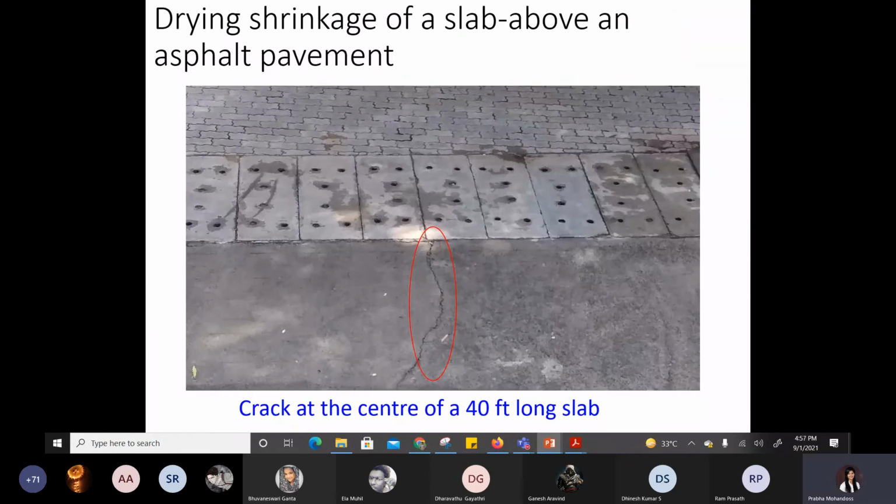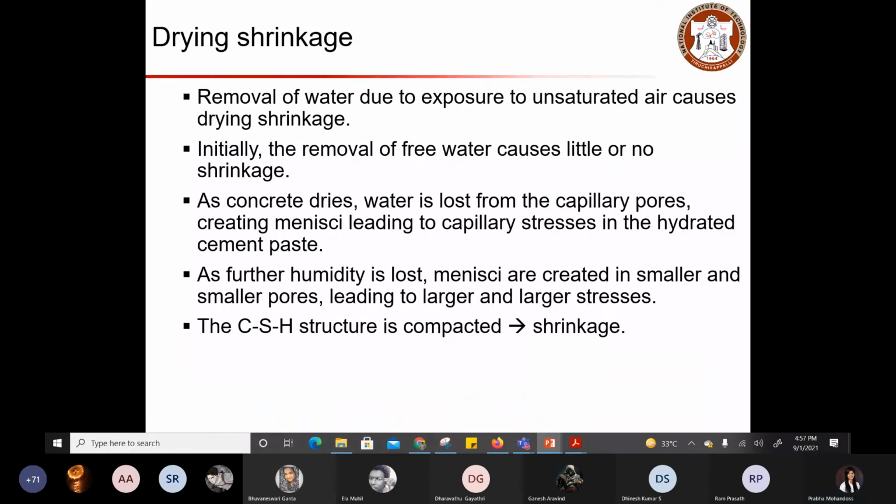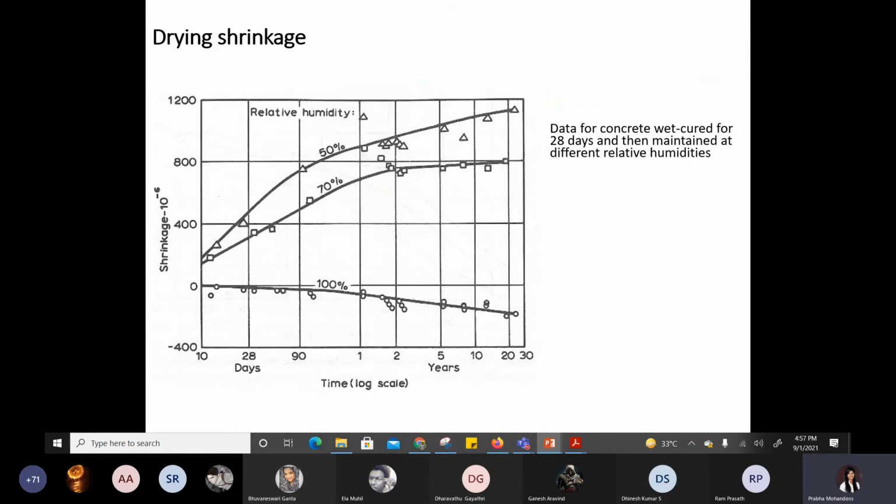So here you can see a drying shrinkage issue on the asphalt pavement. Basically, when the moisture is lost from the capillary pores, that will lead to collapse of your CSH structure, because your CSH structure will get compacted when the moisture is lost from its fine pores and from the hydrated products, and that will lead to such drying shrinkage.